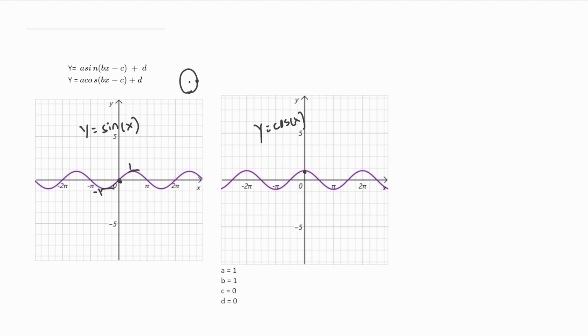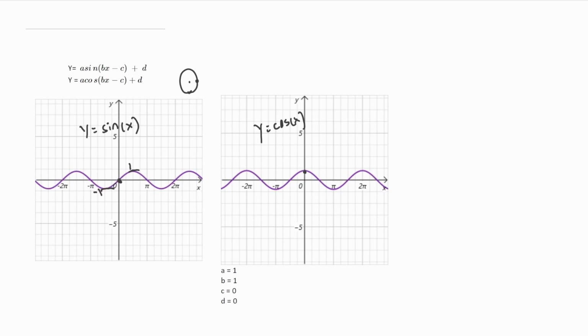But if you notice the pattern here, these waves are essentially the same. So this one goes from 0 to 1, back down to 0, to -1, and then back to 0 as we go around the unit circle.